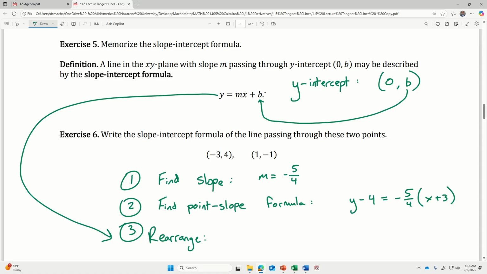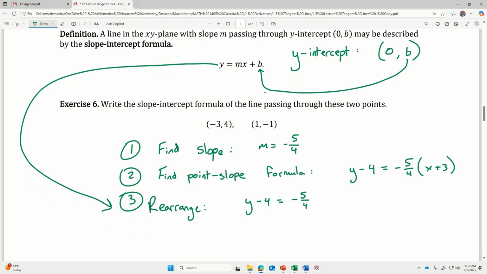And so what I mean is distribute the negative 5 over 4. So you get negative 5 over 4x plus negative 5 times 3 is going to be negative 15 over 4. And then add 4 to both sides.